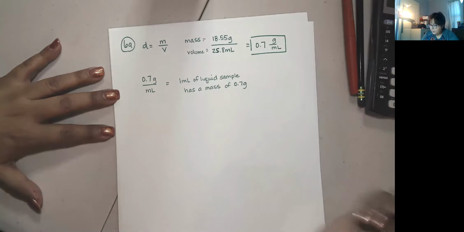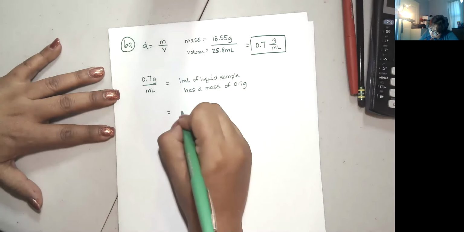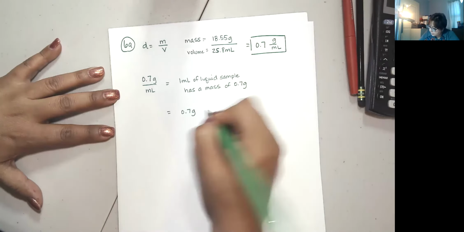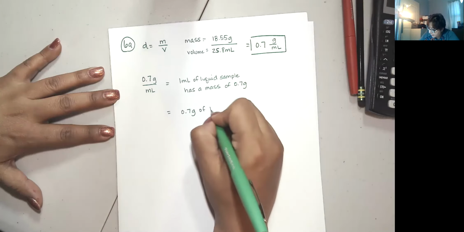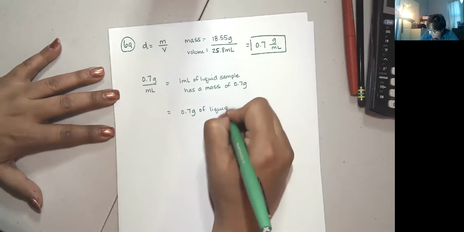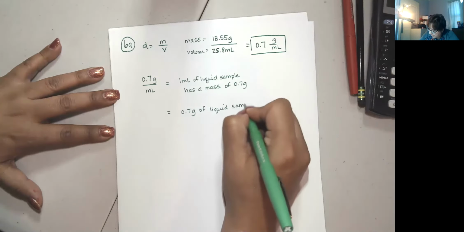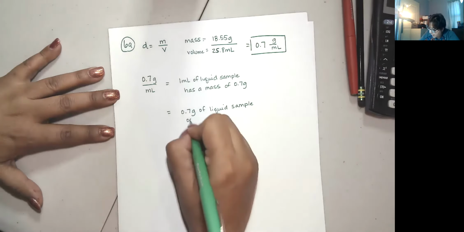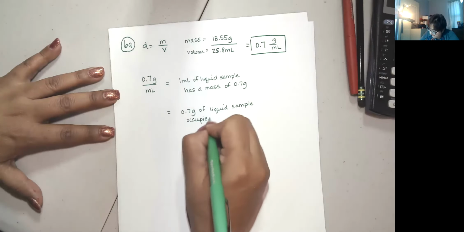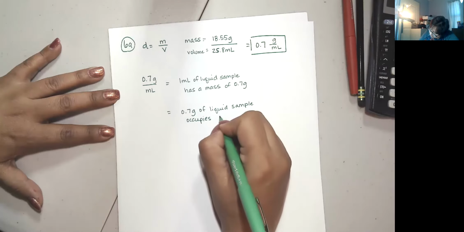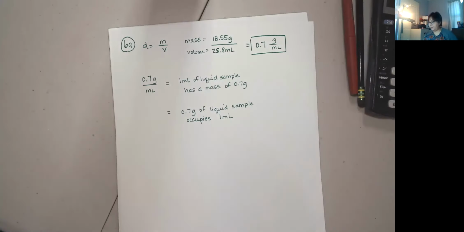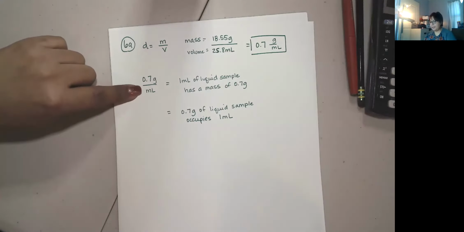Or you can also say that 0.7 grams of that liquid sample occupies a space of 1 milliliter. That's what the density means, 0.7 grams per mL.